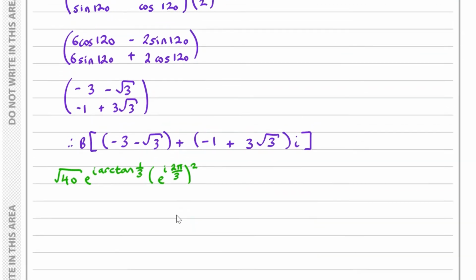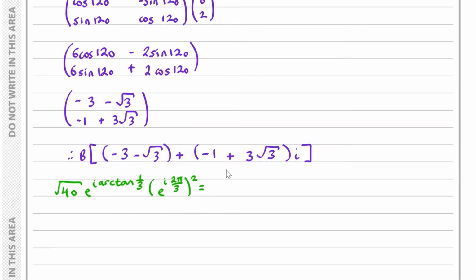So what this is equal to then is root 40 e to the i, now e to the i 2 pi over 3 all squared, that's e to the 4 pi over 3. So we have e to the i of arctangent of 1/3 plus 4 pi over 3.